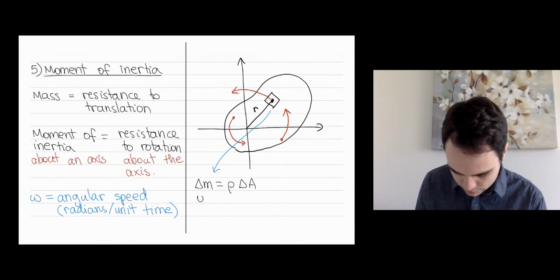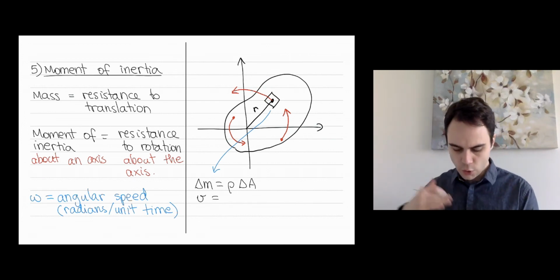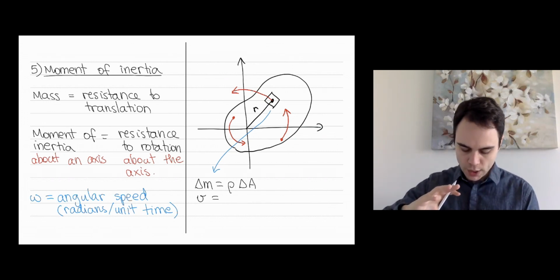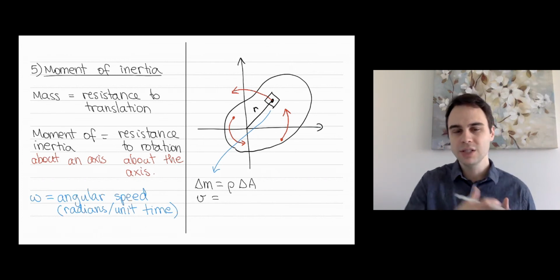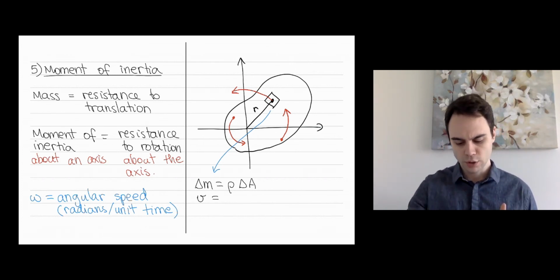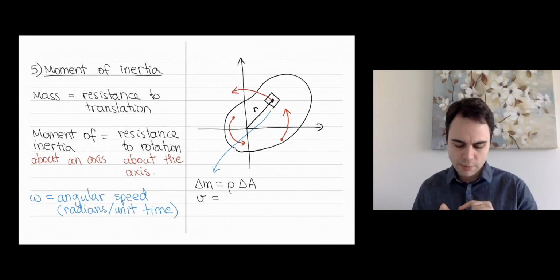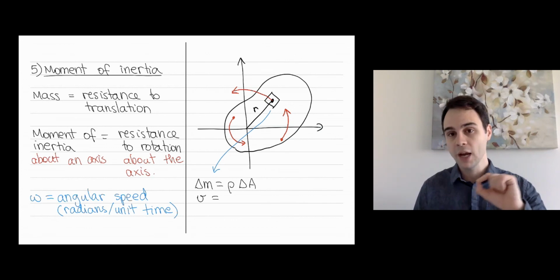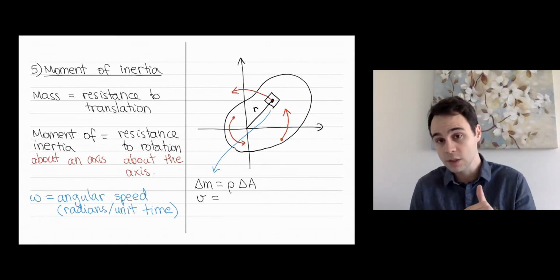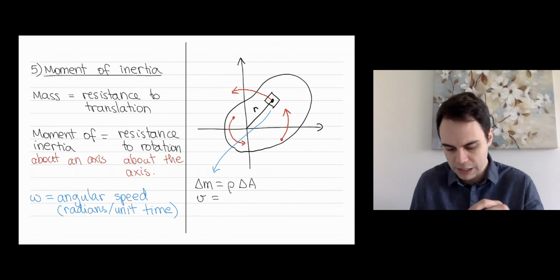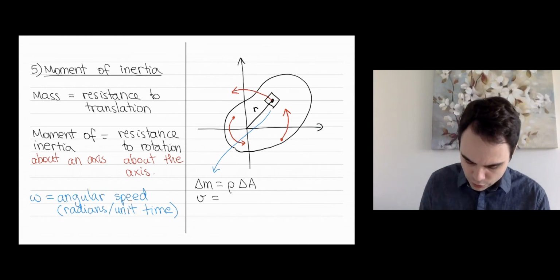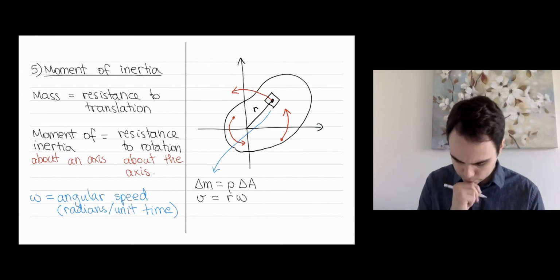The speed of this piece is the distance it moves in 1 unit of time. In 1 unit of time, it will go omega radians, which would be a distance of omega in a circle of radius 1. But this little piece is moving in a circle of radius r, so the distance it moves in a unit of time is r times omega.